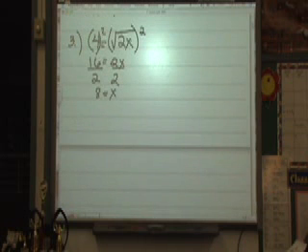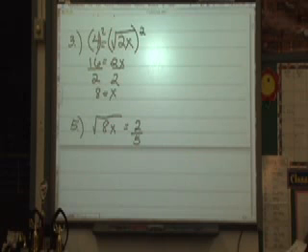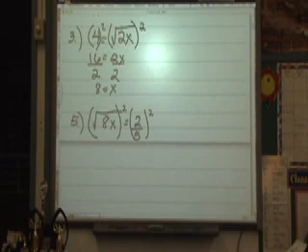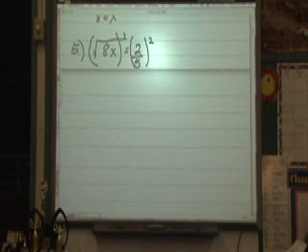Number 5, the square root of 8x equals 2/5. The radicand is by itself, so square both sides. We have 8x equals 2 squared is 4, 5 squared is 25.